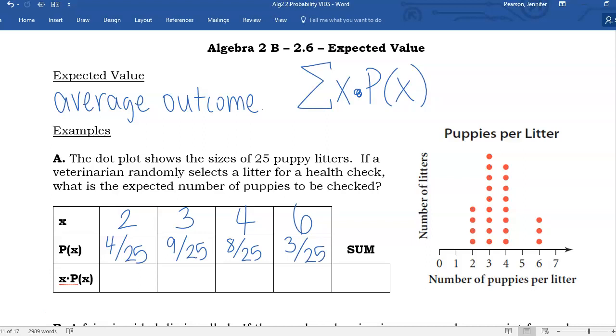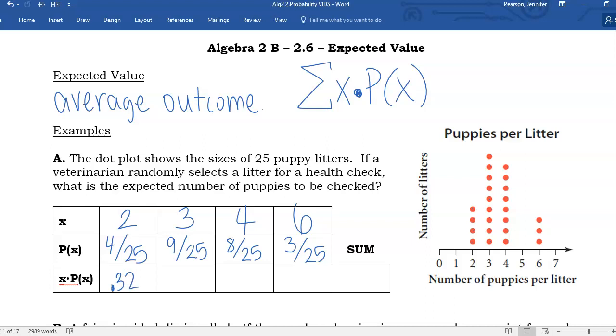So we have our outcomes, 2, 3, 4, or 6. We have the probabilities of each outcome. Next, we need their products. We're going to multiply straight down: 2 times 4 divided by 25. Let's go decimal. That looks like 0.32. You could go fraction, like 8 out of 25 if you wanted to keep fraction, but I just went 2 times 4 divided by 25.